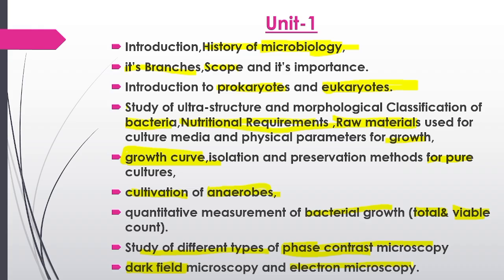In electron microscopy we illuminate the object with a beam of electrons. By the presence of those electrons we can easily identify the object. This is about the topics covered under unit 1.